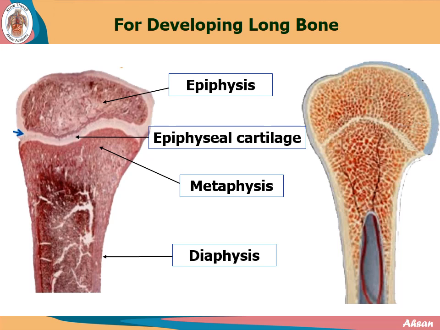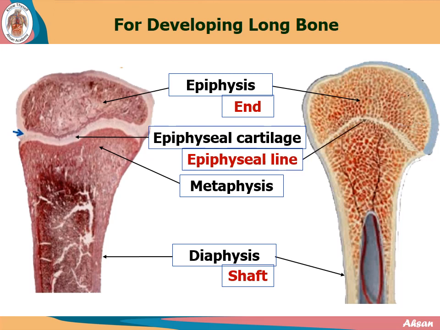When it becomes adult, the epiphyseal cartilage disappears and is replaced by a thin layer of compact bone. This is known as the epiphyseal line, and when it is formed, the metaphysis fuses with the epiphysis.